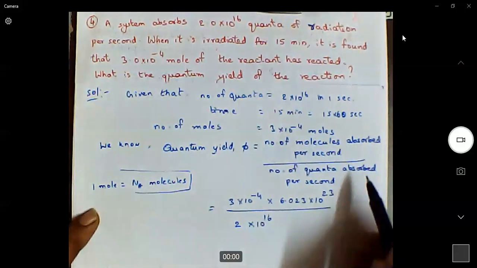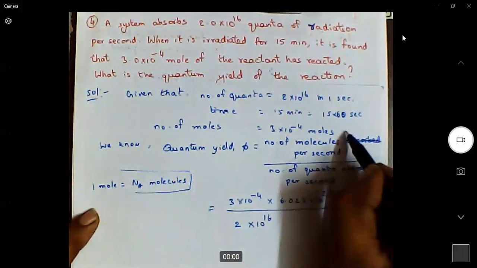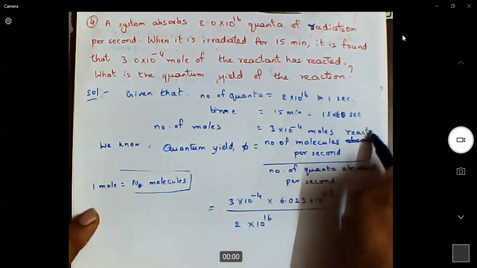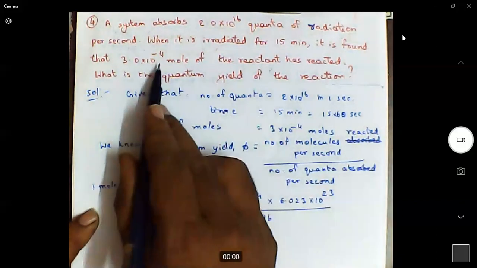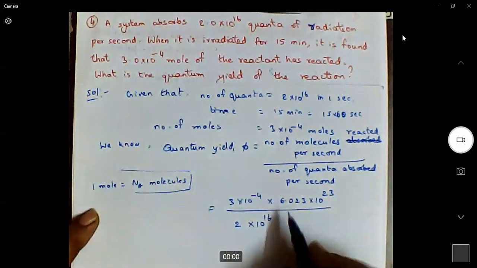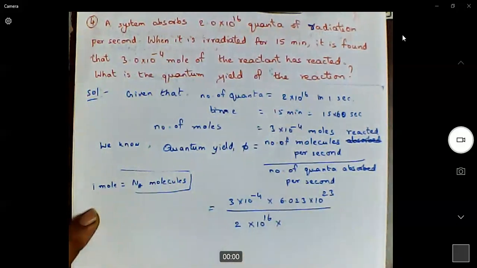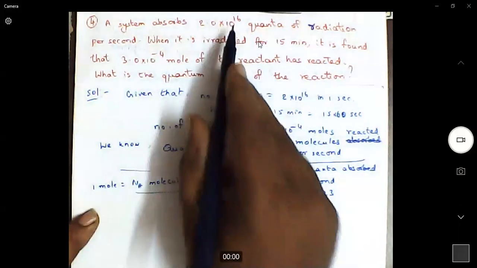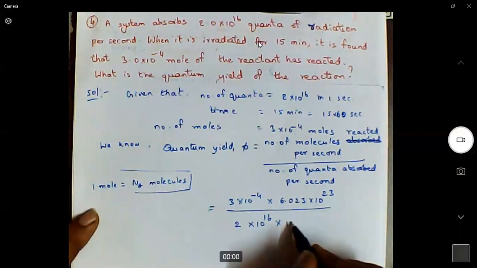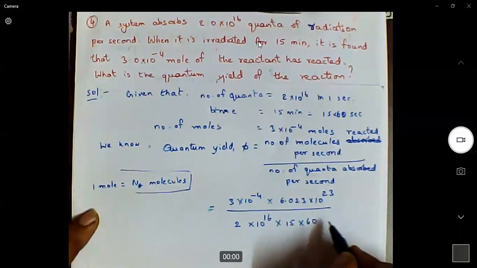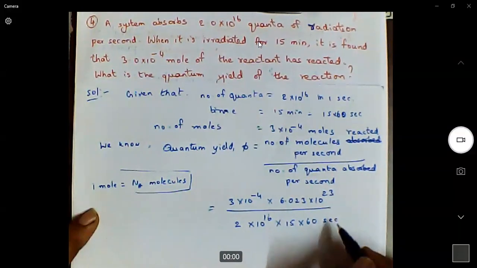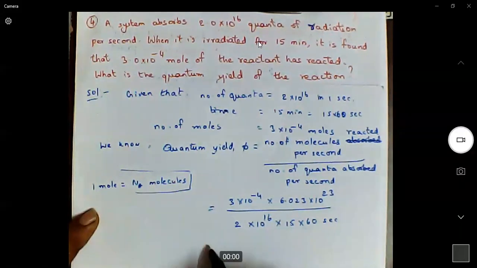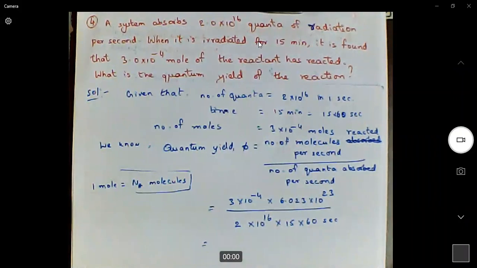Number of moles reacted, it's not absorbed, right? Reacted. Number of moles reacted in 15 minutes. So we also need to multiply the number of quanta absorbed per second, 2 into 10 power 16, by 15 into 60 seconds for 15 minutes. Right. So just simplify this, we will get quantum yield.